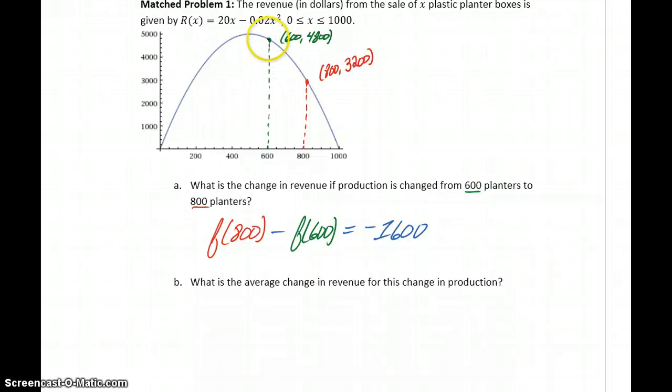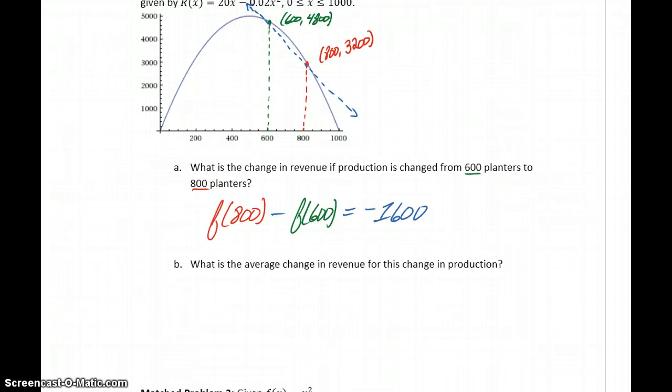So again, when we talk about average rate of change, we're talking about the slope of the secant line. So if we connected these two points with a straight line, we want to find the slope of that line to get that average rate of change. So this comes back to essentially the formula for the slope of a straight line.